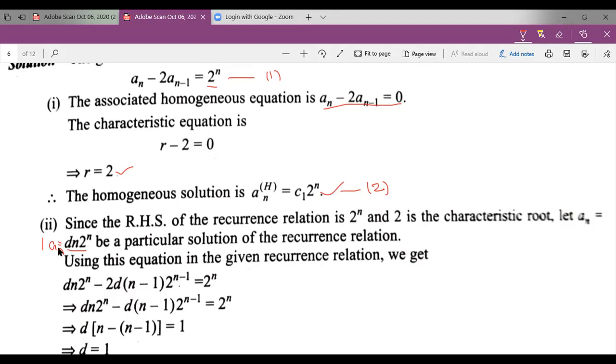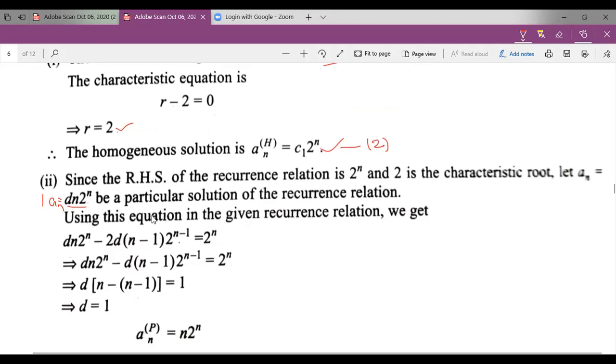Using this in the given recurrence relation we get d·n·2^n minus 2d, in place of n minus 1, (n minus 1)·2^{n-1} is equal to 2^n.